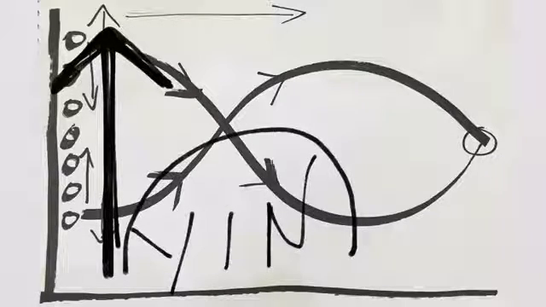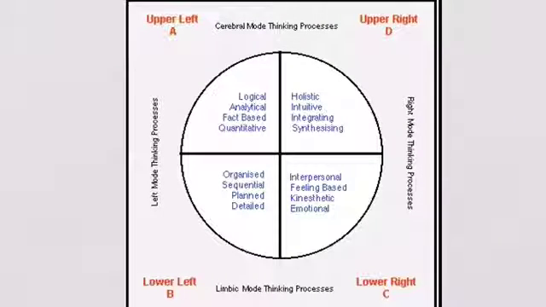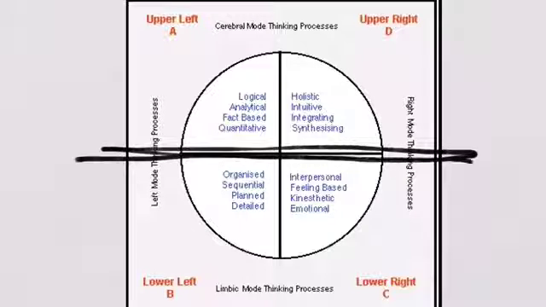So I bring this up because vibration is that. Vibration is to look at the nonlinear, and it is more of the limbic system that looks at the regional aspects as opposed to the localized aspects, which is what the cerebral mode does.